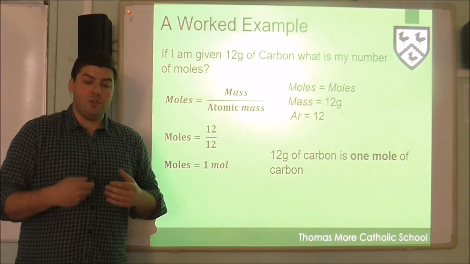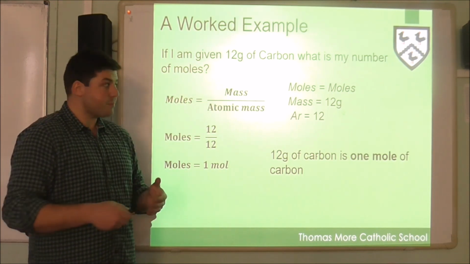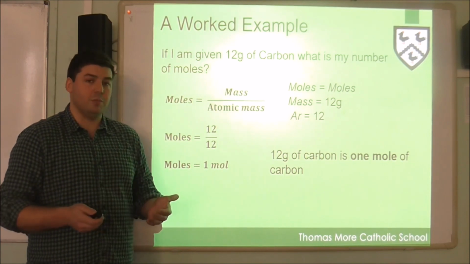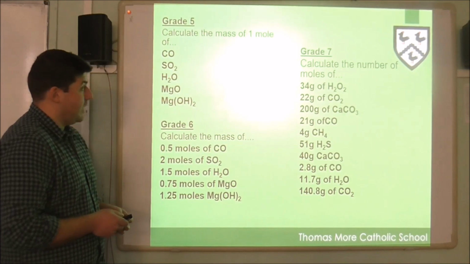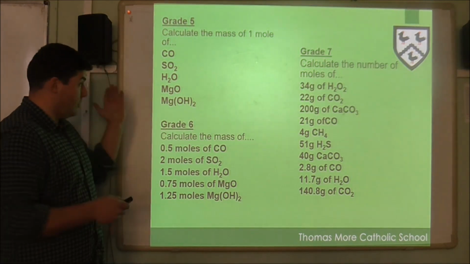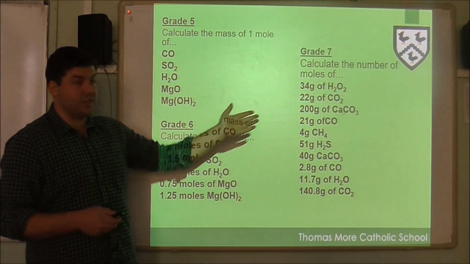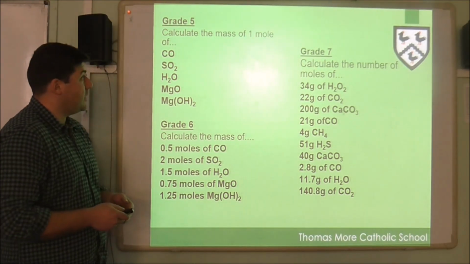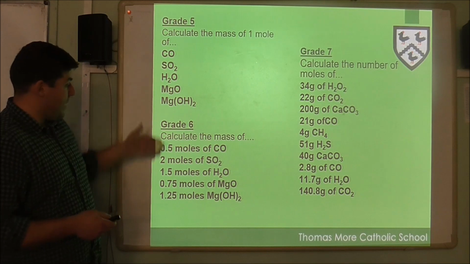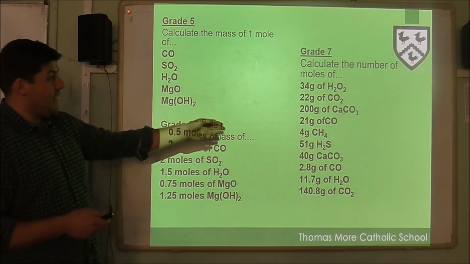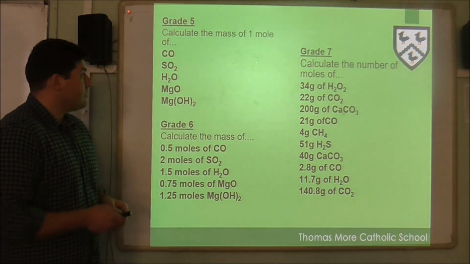It's so important that you get used to using these numbers and how to look them up and rearrange the equation. So what I'd like you to do now is do all of these, or perhaps pick a few between the different grades, and calculate in this case, the mass of 1 mole, in this case, the mass of a mole, and here, the number of moles.